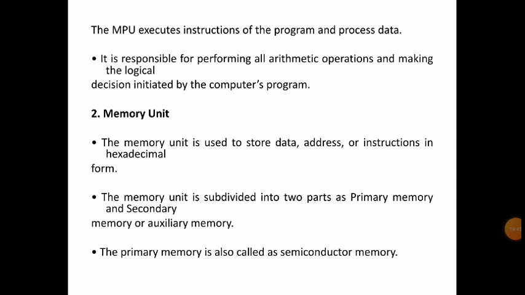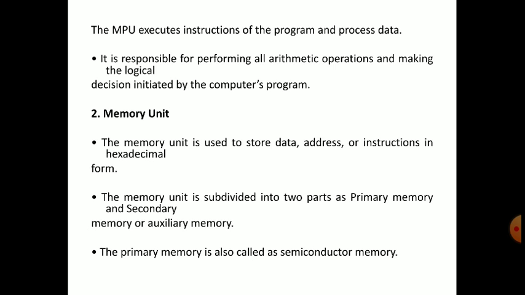And next is the memory unit, right? The memory unit is used to store data, addresses, or instructions in hexadecimal form. Hexadecimal form: in the third semester of diploma, you have studied digital electronics, right? In that subject, in the first chapter, we have different forms of data, that is binary, decimal, octal, and hexadecimal data.